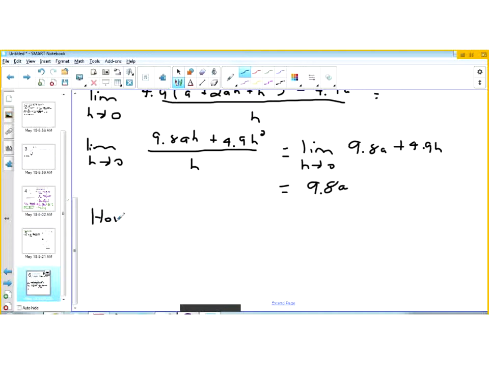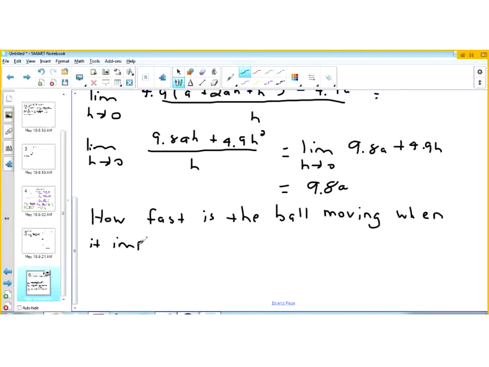Now, the next question then is, how fast is the ball moving when it impacts?